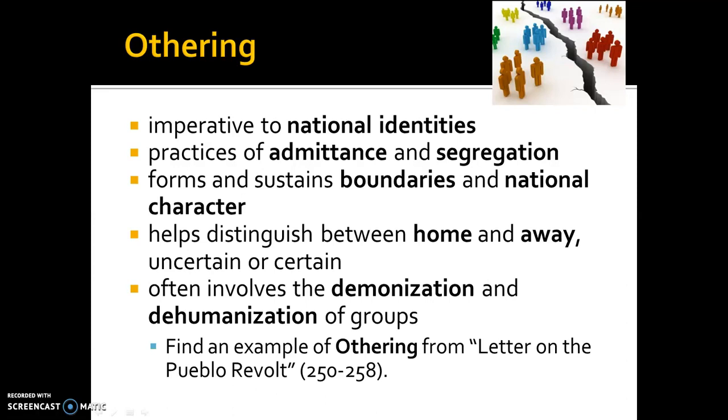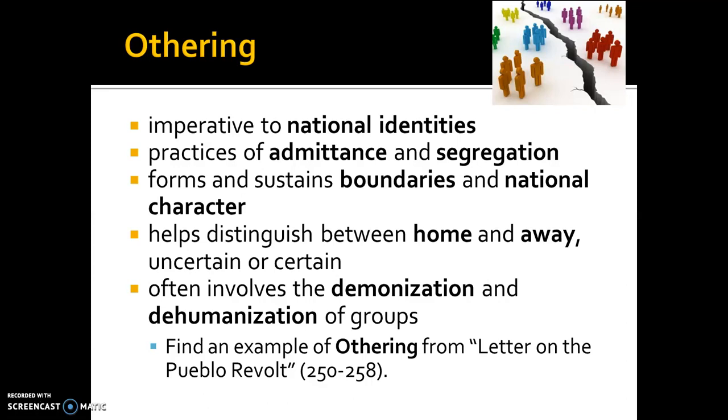And unfortunately, the process of othering frequently involves the demonization and dehumanization of certain groups of people, meaning that in the whole us versus them, the us is always going to be considered the superior group to the them, and part of that means talking about and thinking about them, the other, as being somehow less human than we are, not quite as human as us. Lesser than, maybe even evil, hence the demonization.